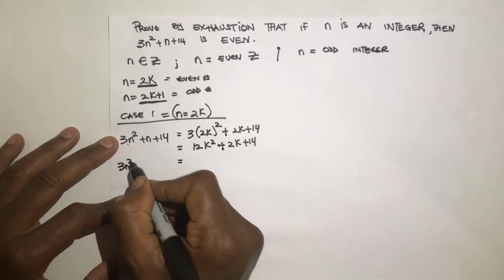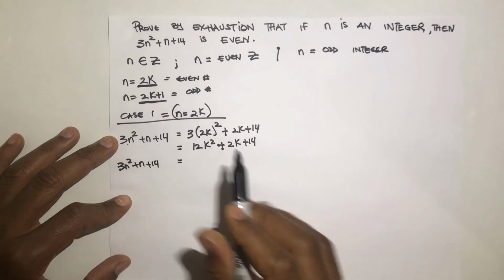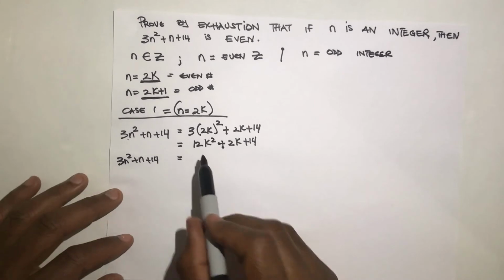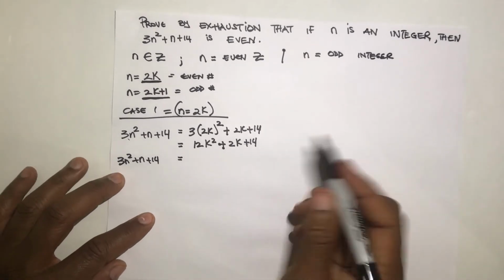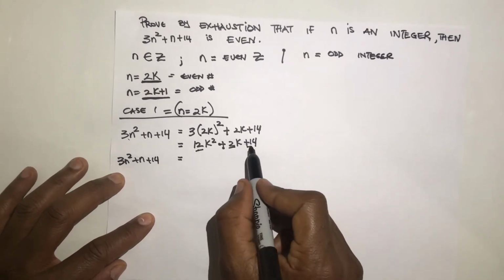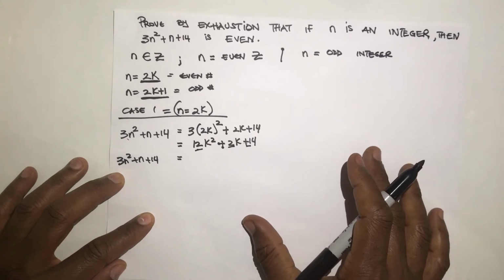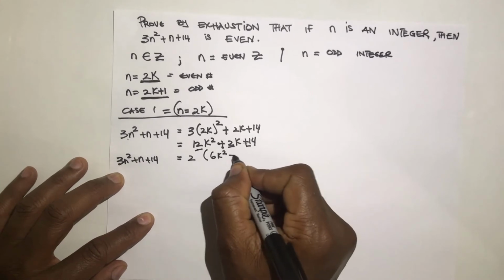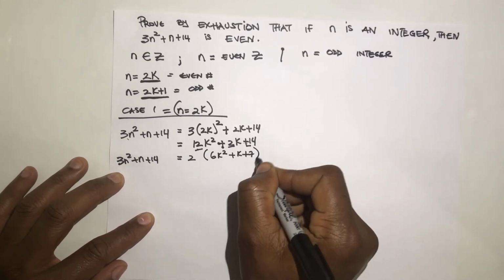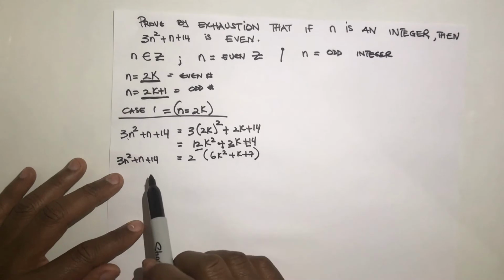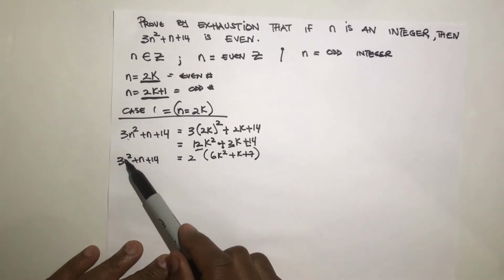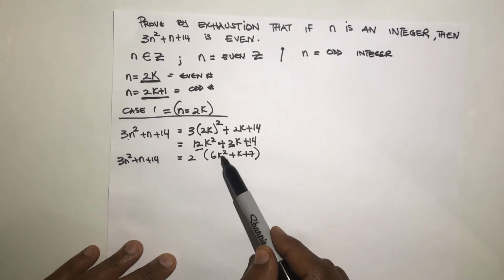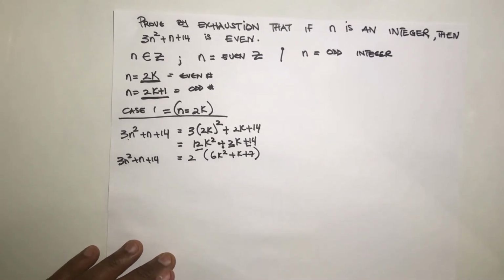Now, if we factorize this equation with 2 being the common factor between all the three coefficients, then we'll get 2 times 6k squared plus k plus 7, right? Now, if we look at this, we can see that 3n squared plus n plus 14 is equal to 2 times, all brackets, 6k squared plus k plus 7, right?